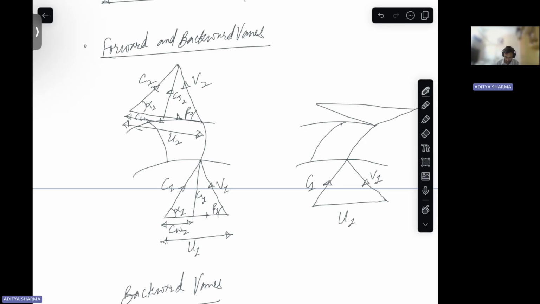So the difference comes here in the blade angle beta 2. The difference comes in your blade angle beta 2.